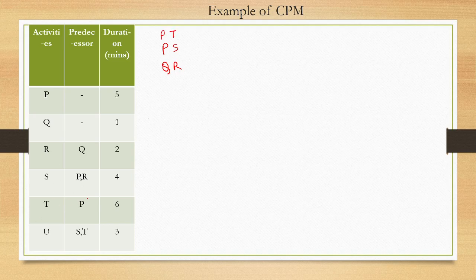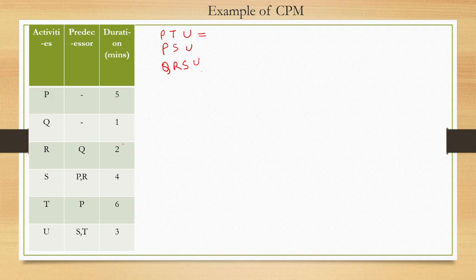Where T is followed by U in the last, so PTU. Where S is followed by U in the last, PSU. Where R is followed by S, and this S is followed by U. So there are three paths. Just add their activity durations.